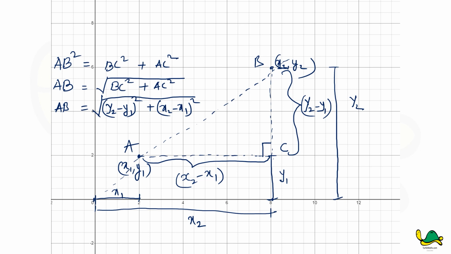So that's the derivation of the distance formula. I believe you have understood how I got the lengths of BC and AC and how I have used the Pythagorean theorem in order to derive the distance formula.